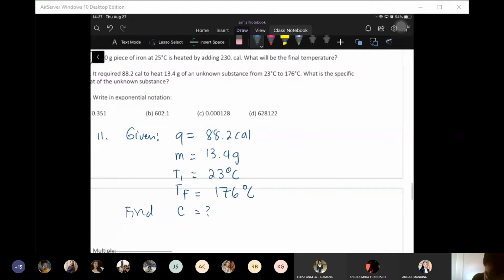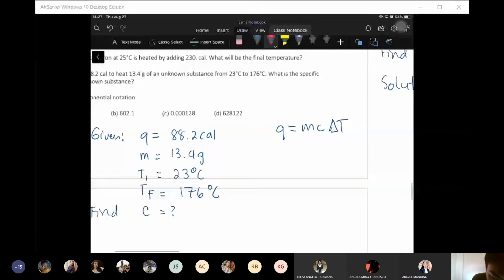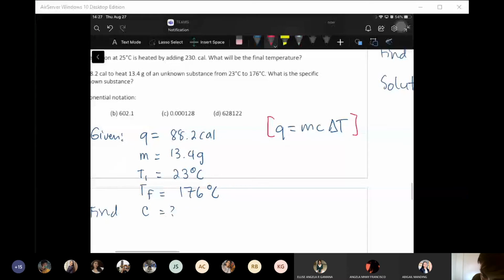So, madali lang to, no? Q equals MC delta T, no? So, all I have to do is to divide both sides by m delta t. Divide both sides by m delta t. So what will happen?